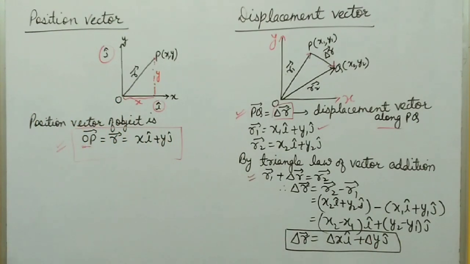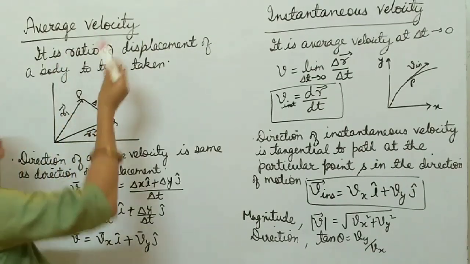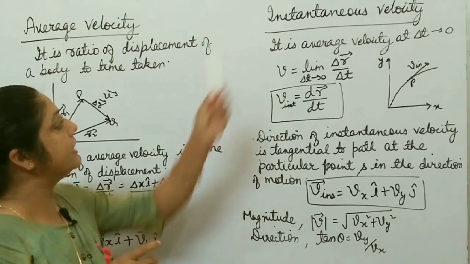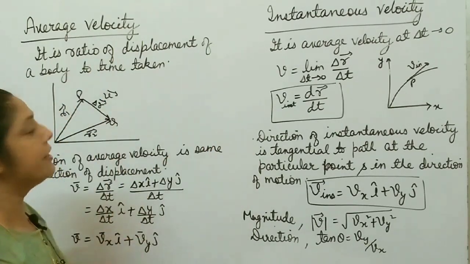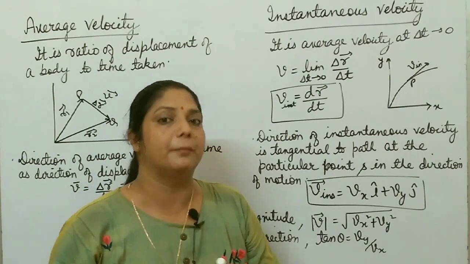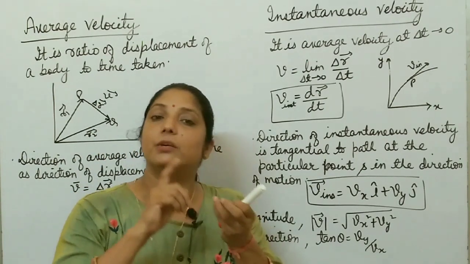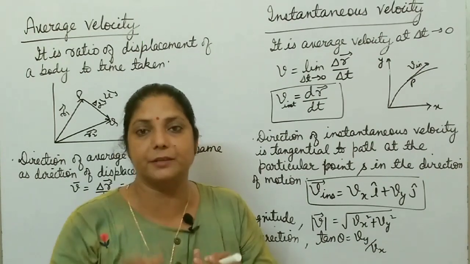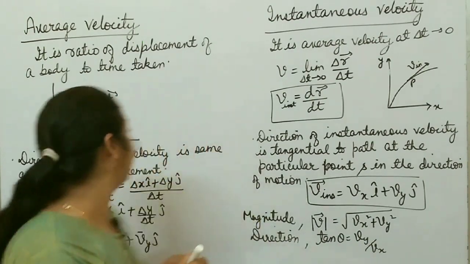Please take a screenshot. Right after this we'll discuss velocity. Now, average velocity, and after that instantaneous velocity. What is average velocity? Velocity is the ratio of displacement to the time taken. It applies when a particle moves from one position to another position in time interval delta t.